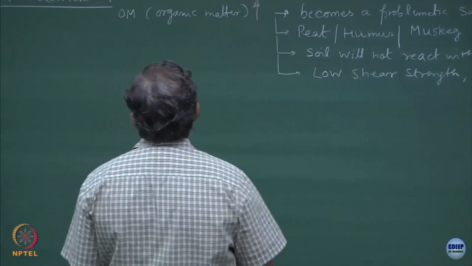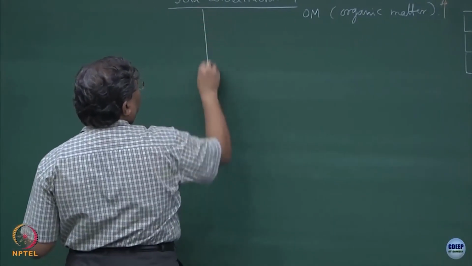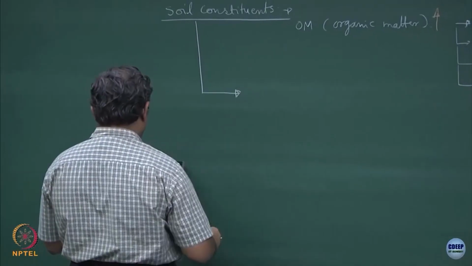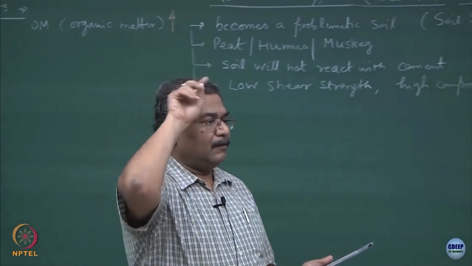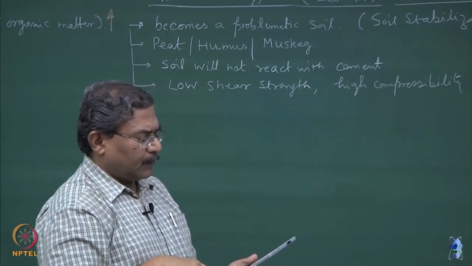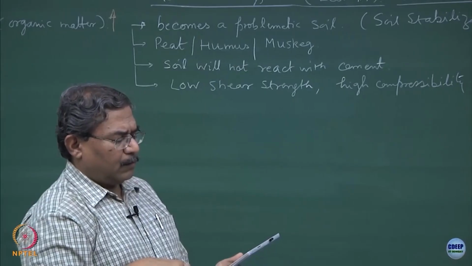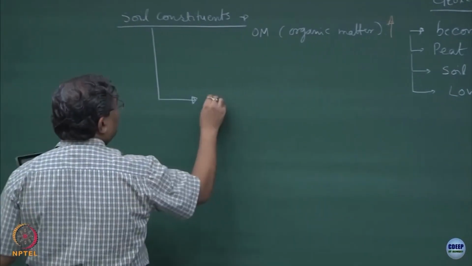The next constituent of the soil would be, yes, water, and what number was water in the list of constituents? 4, 5, this would be 5, alright.